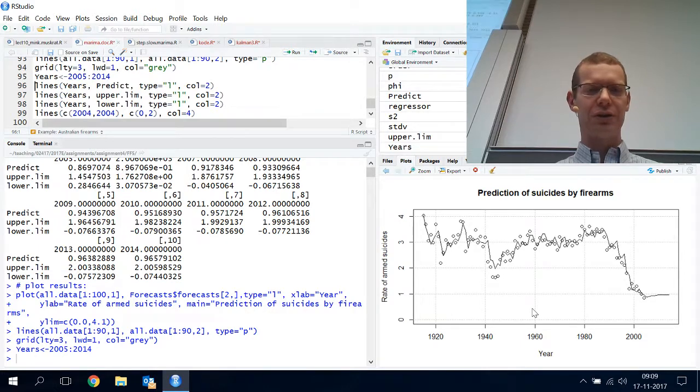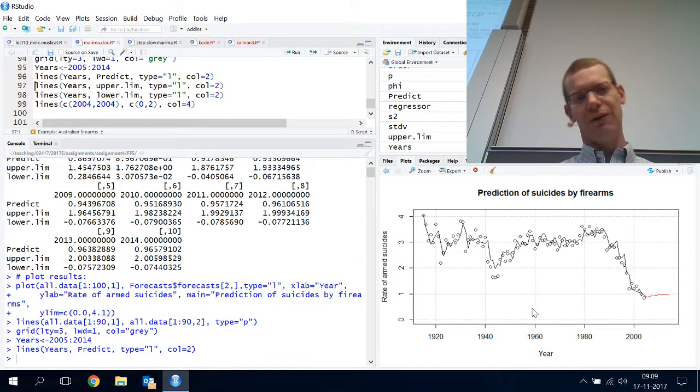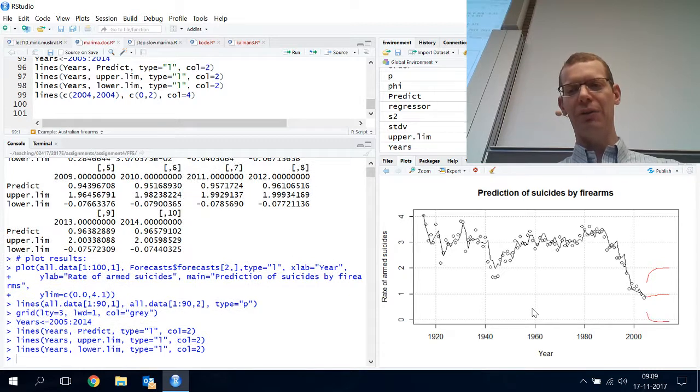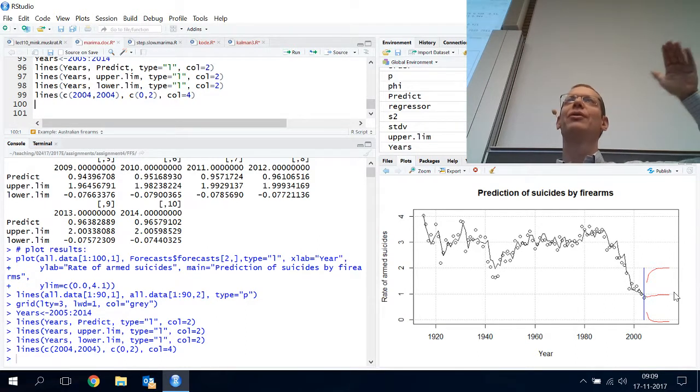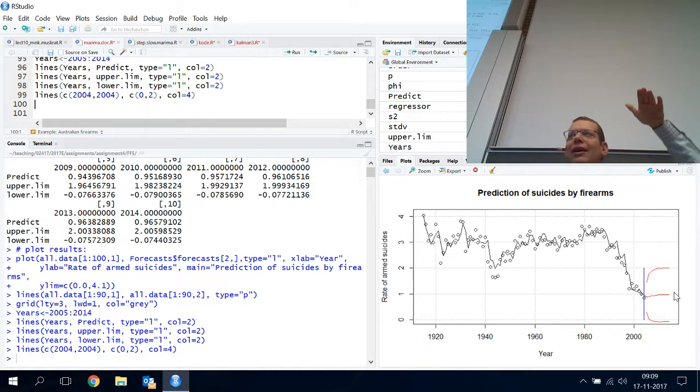The years for the predictions, and then the predictions were actually already plotted, and then you have the upper and lower limits, and that was where we started. So that's the code that comes from that. So basically you have a prediction here where very soon you see an increase up to a certain interval, and then it stabilizes at that interval. That's quite common for models like this, because the autoregressive part will shrink the variance each time you make a one-step prediction, but then you add some noise that will inflate the variance.